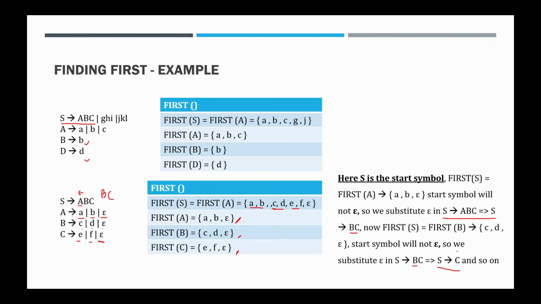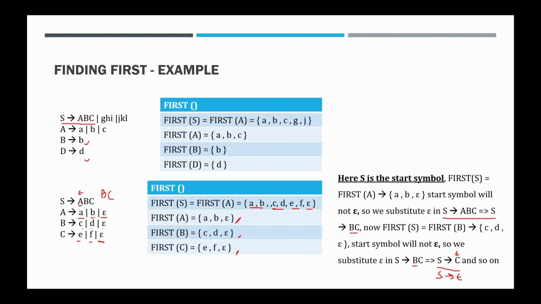Think of that. If I put epsilon here, how will my production change? The non-terminal S tends to epsilon. Am I right? This will also include epsilon. So that is why we are including epsilon at the end of first of S. Now, I think you might have got a good input on how to find the first. Okay, now I have given the example for finding the first.